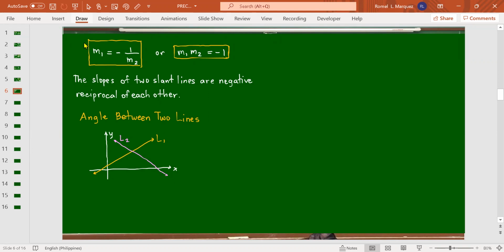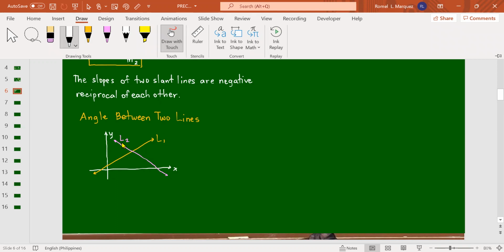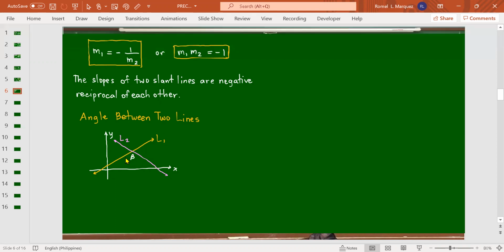And let's say this is the angle formed between them. Let me consider this angle measured counterclockwise from line 1 to line 2.